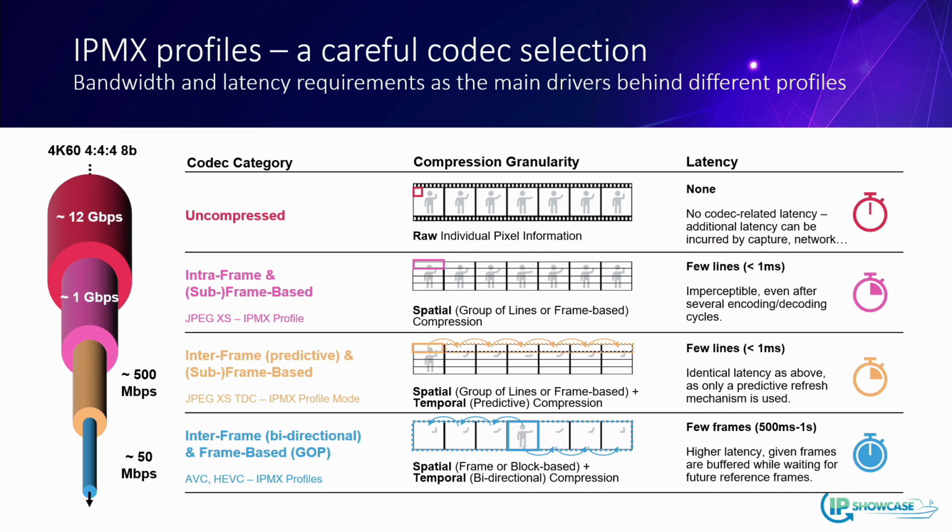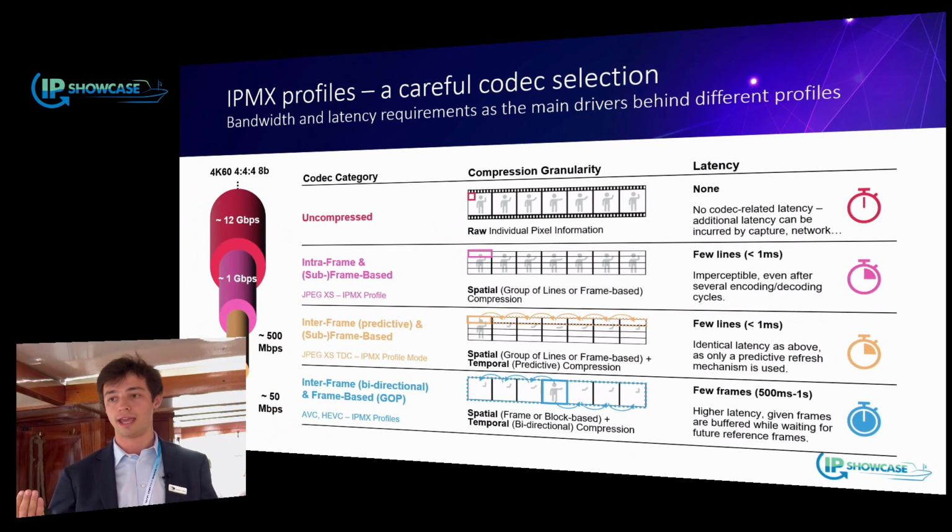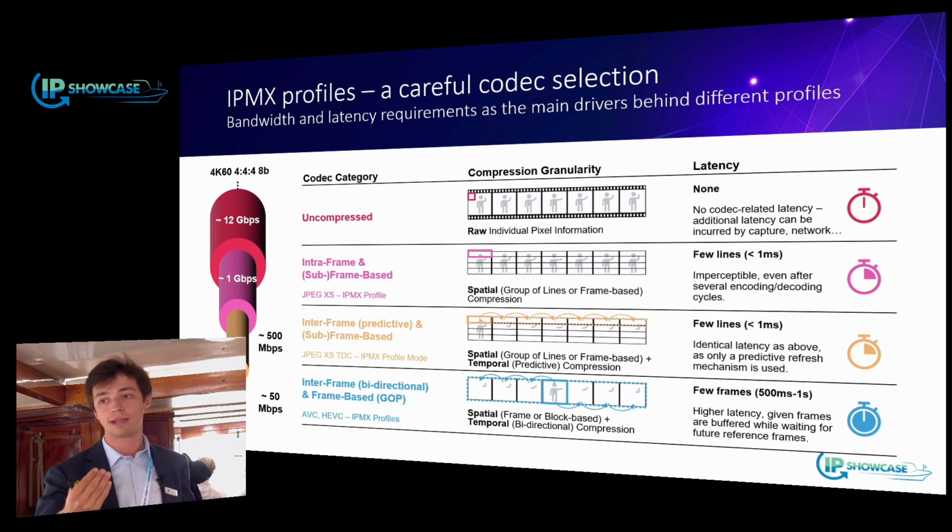And then finally, we've got the interframe types of codecs, so AVC, HEVC, for example. And those codecs look at redundancies across several frames, frames that come before and frames that come after. And that means that you have to wait for those frames to come to start encode and decode. And mechanically, you've added latency because you need to buffer several frames before you can actually store them or send them over the network.